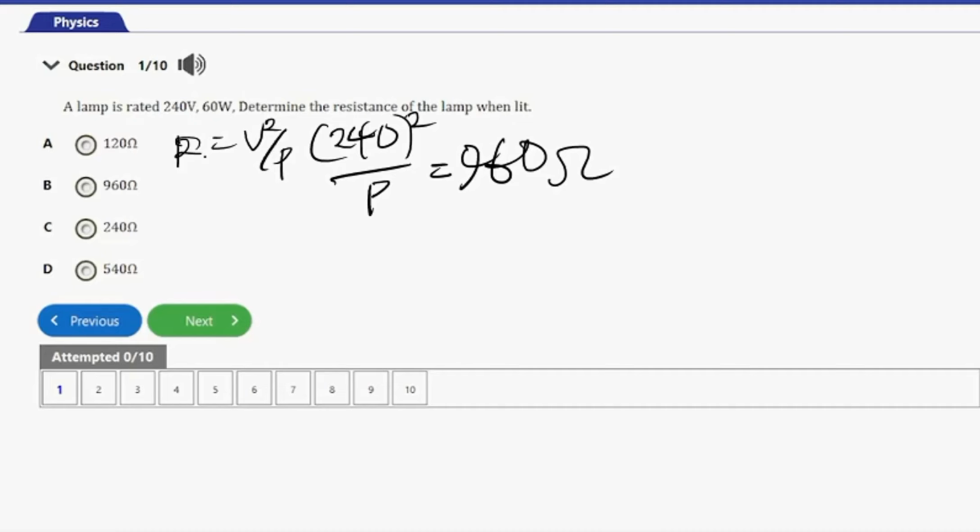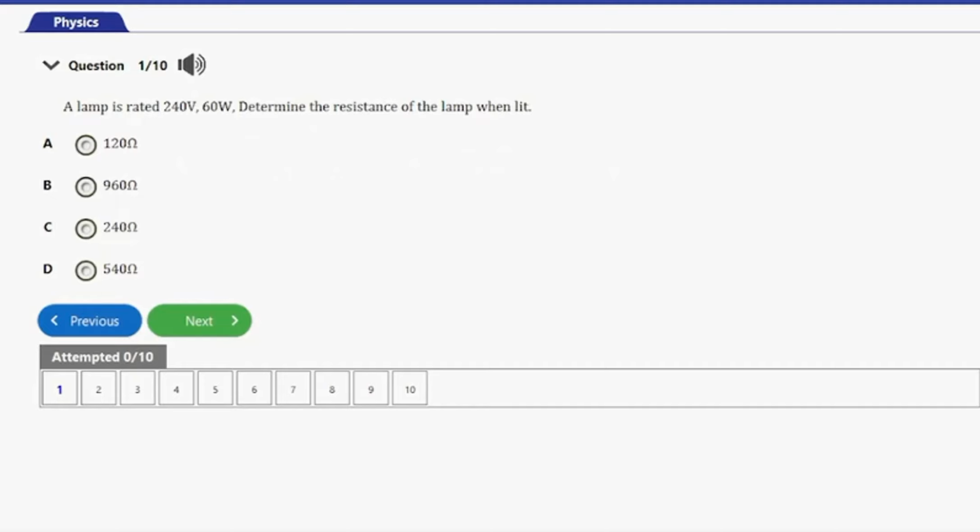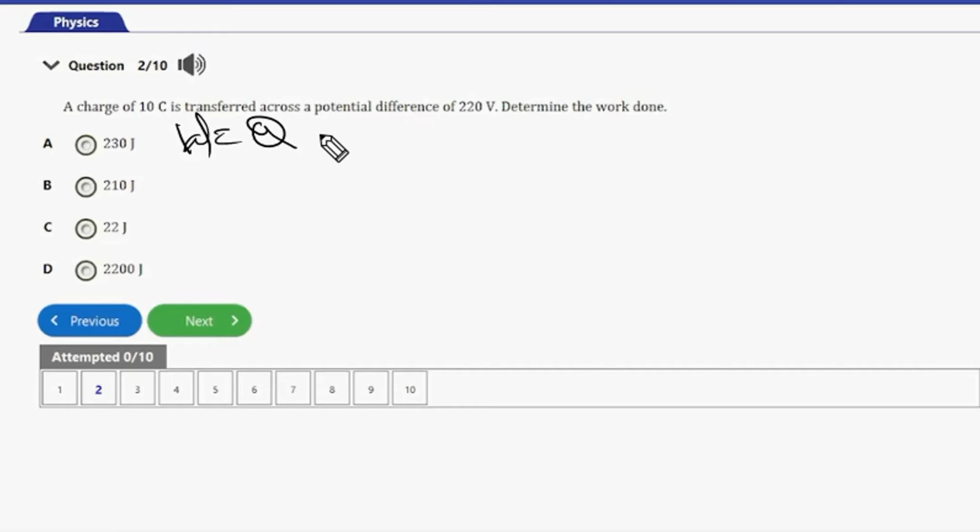Let's go ahead and wipe this off, and then let's consider the next question, guys. So guys, that's question number 2 here. It says a charge of 10 coulombs is transferred across a potential difference of 220 volts. Calculate the work done. So guys, actually we can calculate the work done using W for work is equal to Q times V, where Q is the charge and V is the voltage.